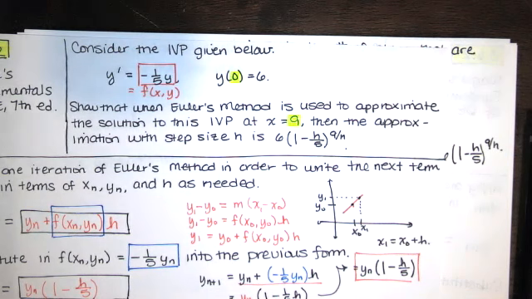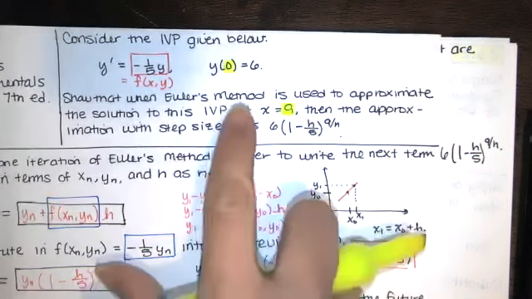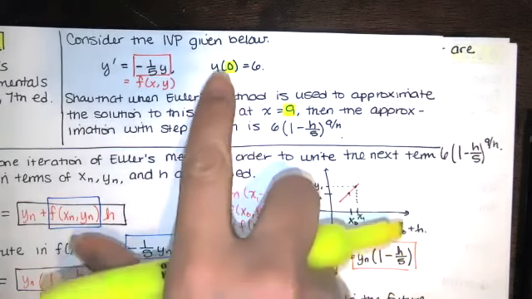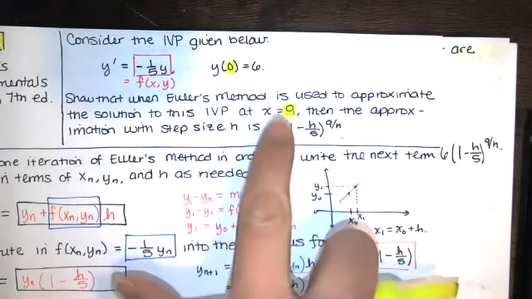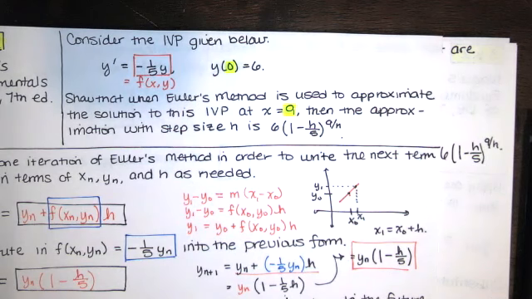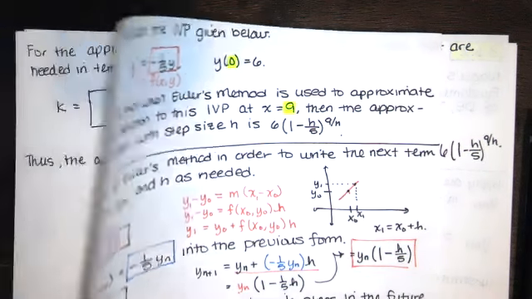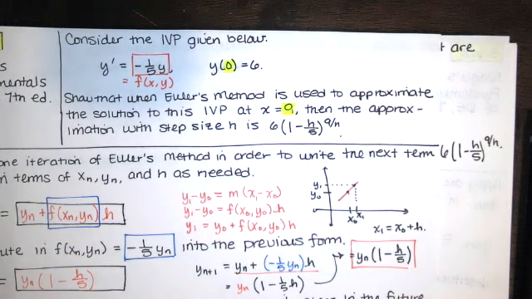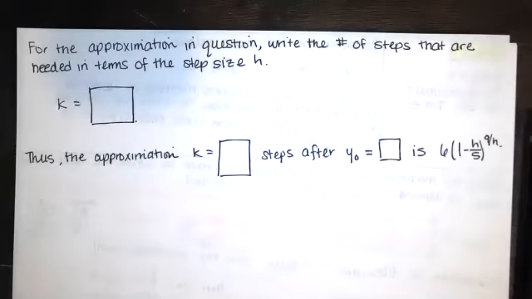Well, if I'm trying to cover that distance, I just need to take the distance between x equals 0 and x equals 9, which happens to be 9. And then I will divide that by h to get the total number of steps, if that makes sense.